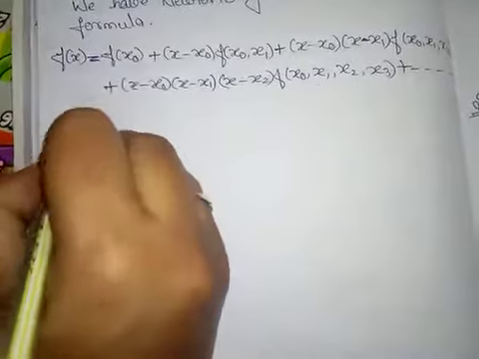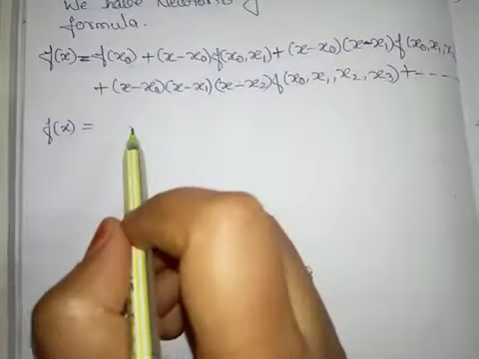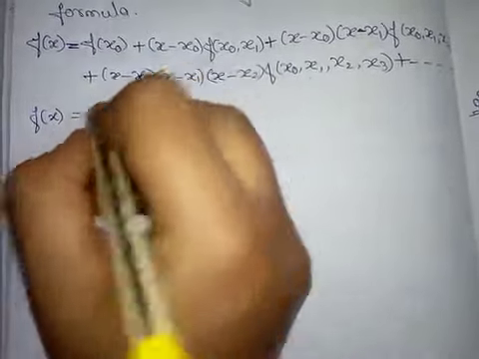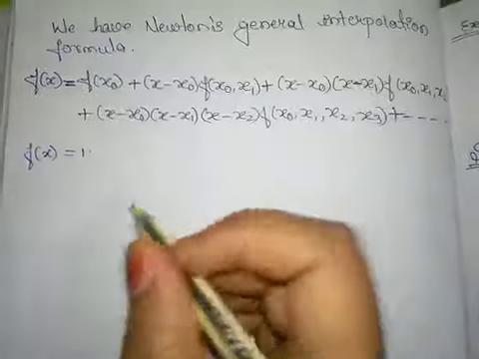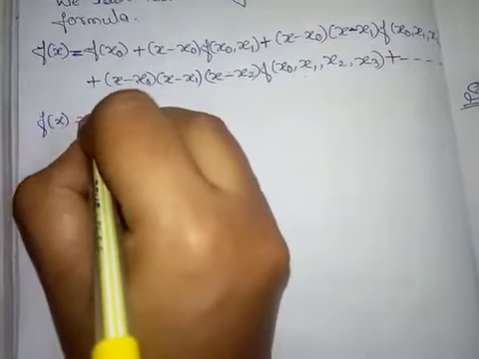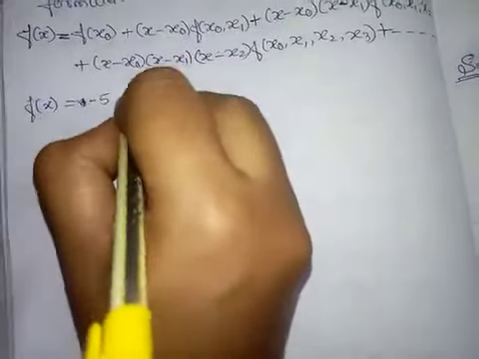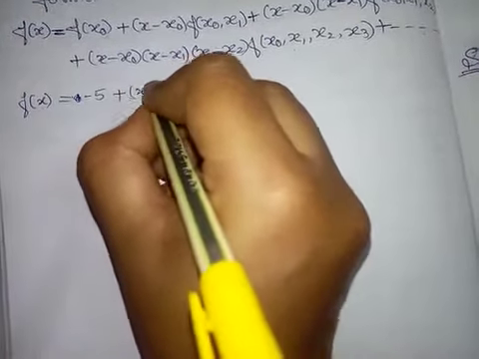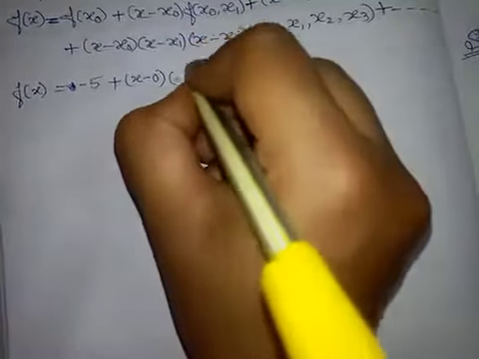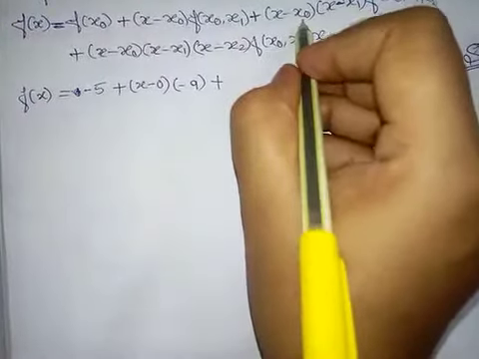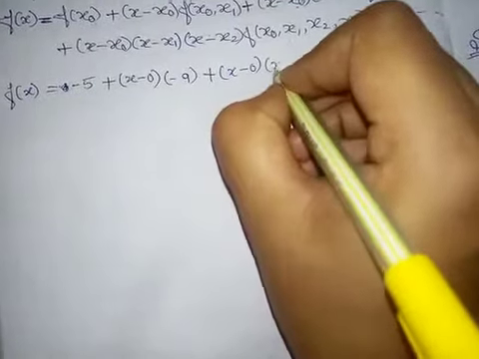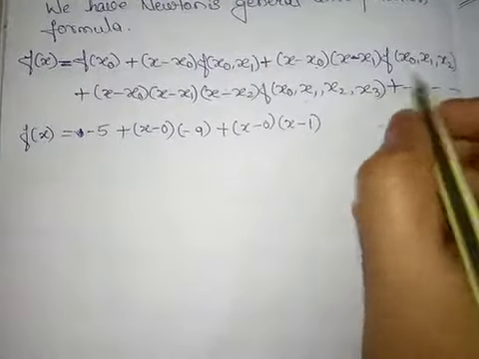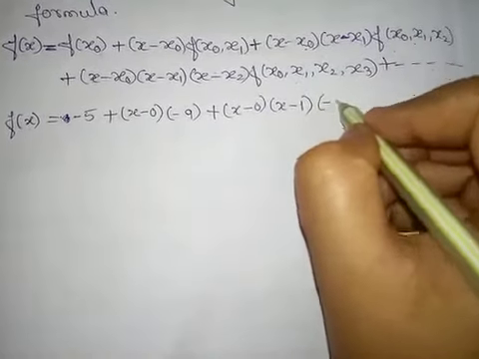Next, f of x is equal to, here our aim is to find the polynomial, so just keep x as it is. f of x0 from the table is minus 5 plus x minus x0. x0 value is 0, so it is x minus 0. f of x0, x1 is minus 9 plus x minus 0, x minus x1, x1 value is 1, and f of x0, x1, x2 is minus 9.